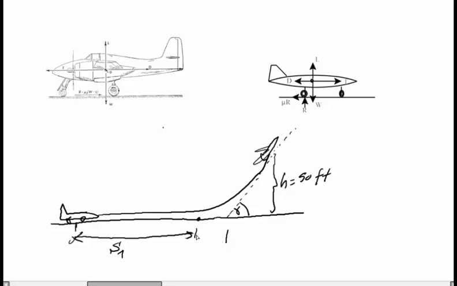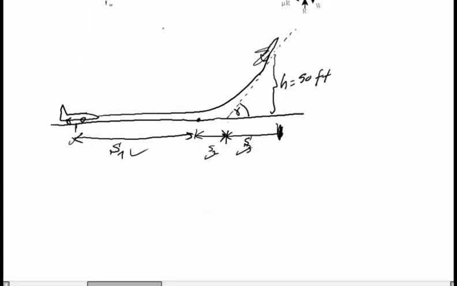This segment will be S2, and the last segment, from here to 50 feet when the aircraft reaches this point, will be S3. So we have 3 distances, and we need to calculate each part. The first one is S1.